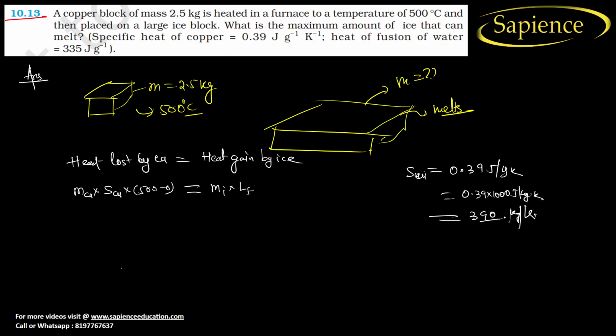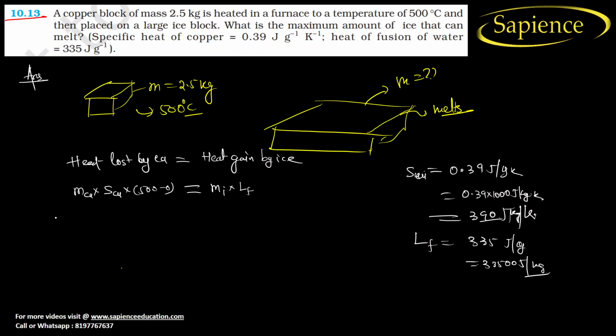The latent heat of fusion L_F for water is 335 joule per gram, but I want kg, so this will be 335000 joule per kg. So we have got the standard values.